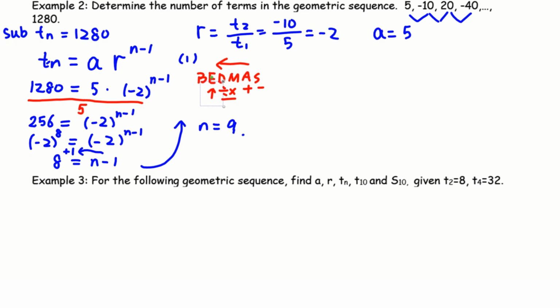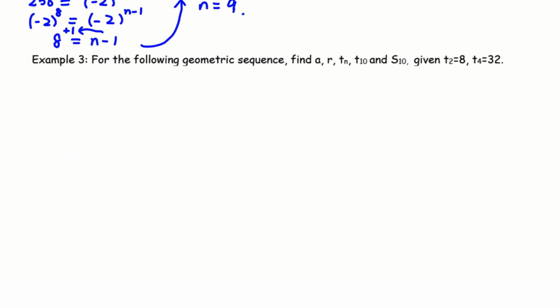We sub in the 3 given values, so it's kind of like we have y equals a b to the exponent x. We sub in y, we sub in a, we sub in b, then we solve for x, like an exponential function. Then after that, example 3.